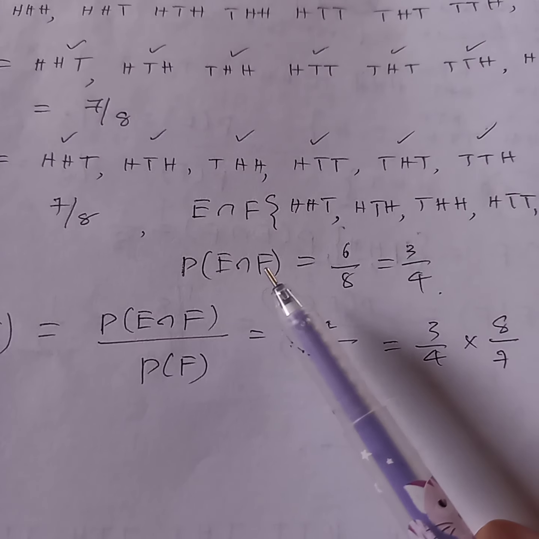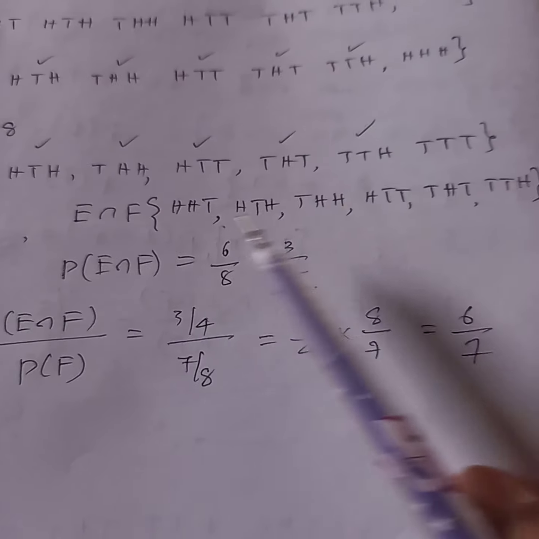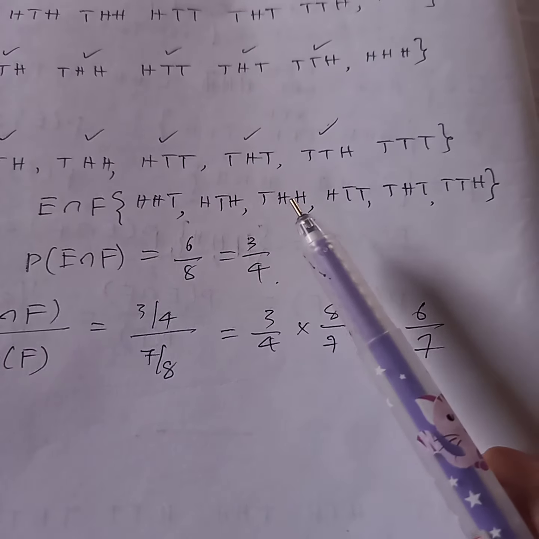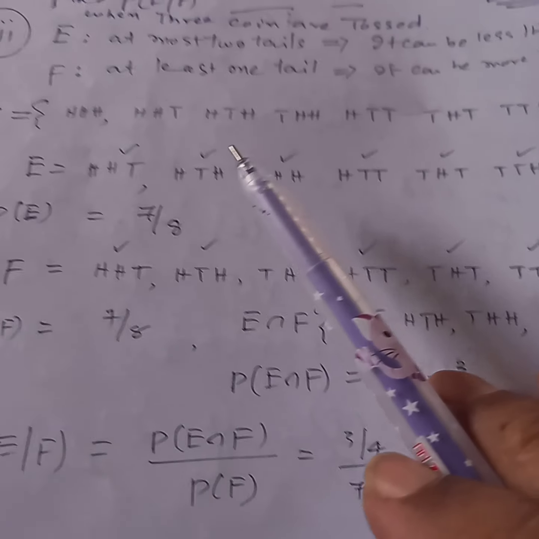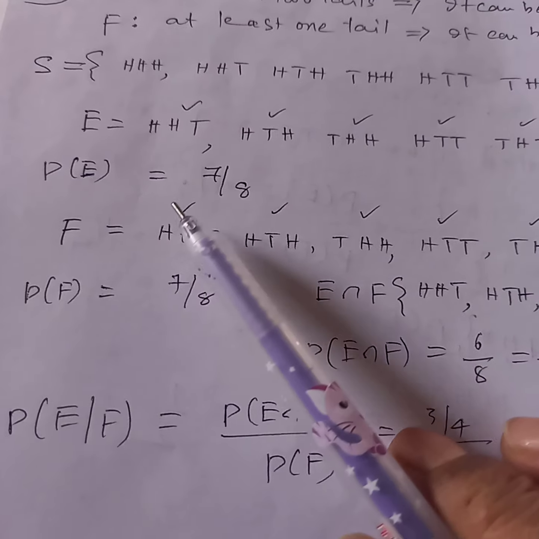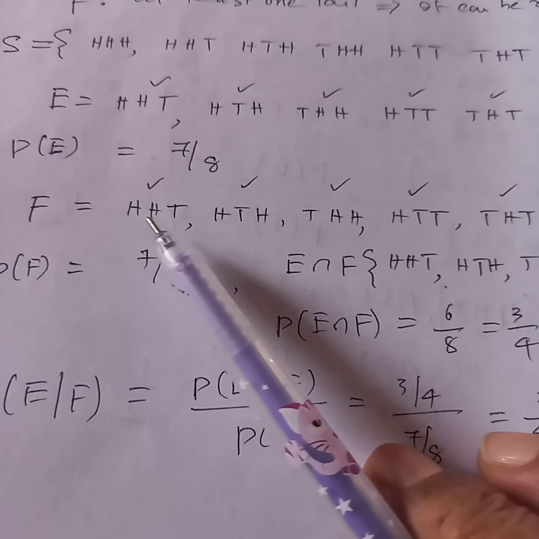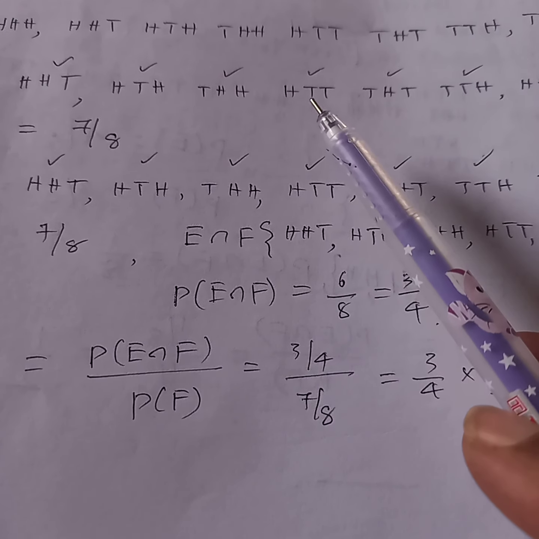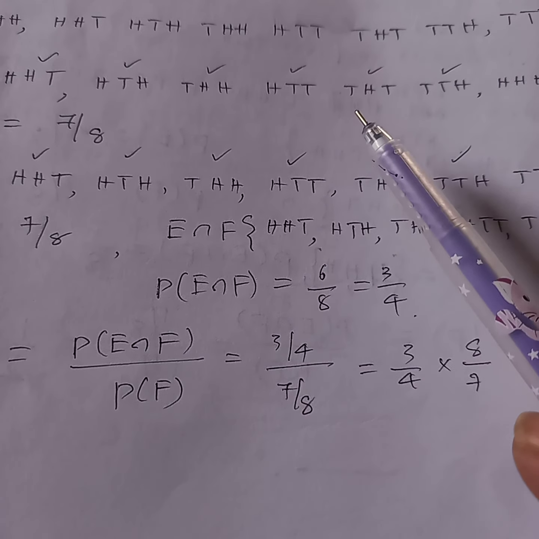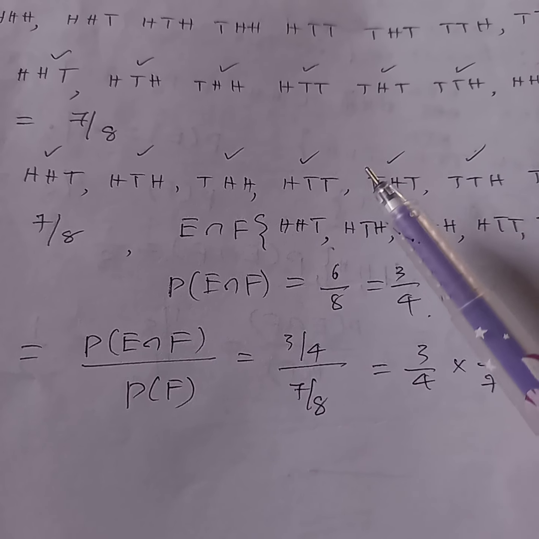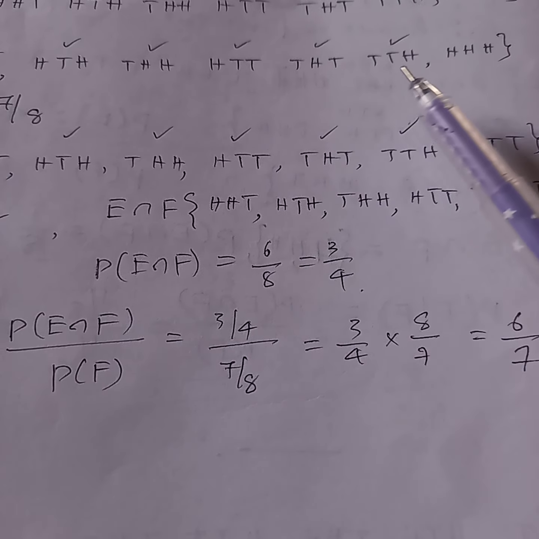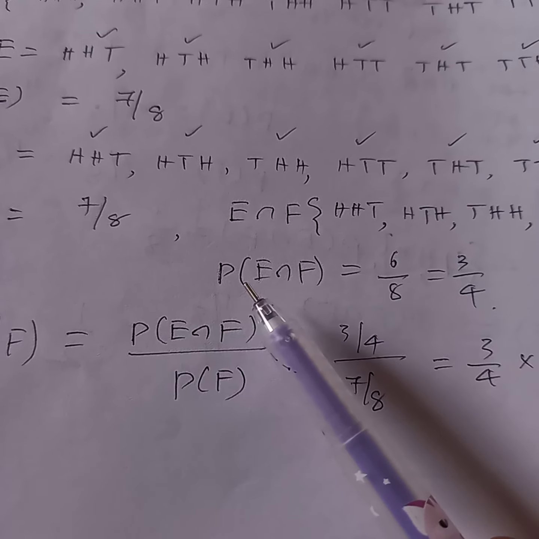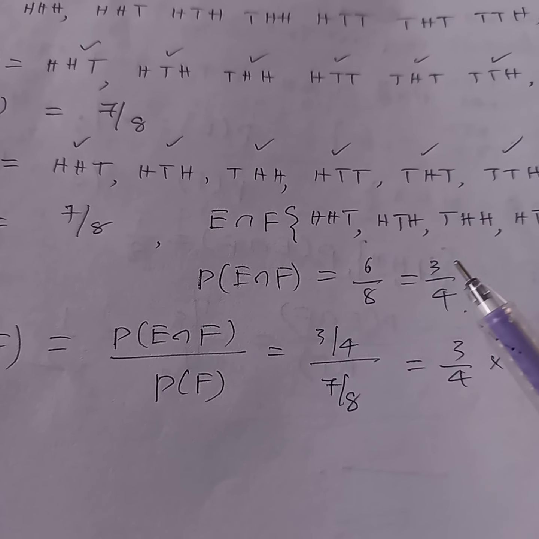That is E intersection F. Look here: HHT, HTH, THH, HTT, THT, TTH, like this, common elements. So how many of them are there? 6. So the probability of E intersection F is 6 by 8, that is 3 by 4.